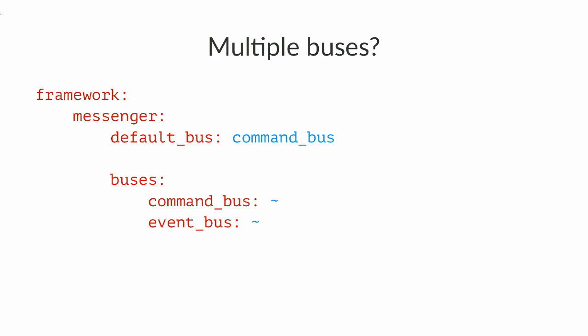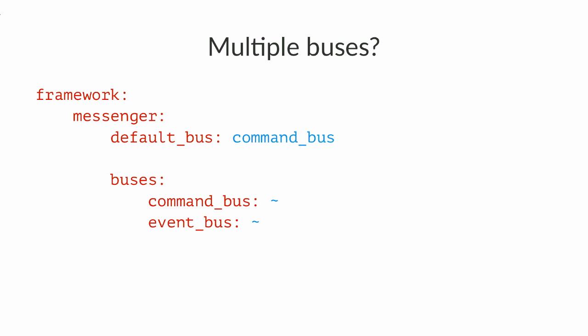But in Symfony, I think from 4.3.4, very recently, there's all this autowiring. In the example I showed you before, you type in the message bus interface. And if you've got multiple buses, which one needs to be injected? To solve this problem, you need to have a default bus.